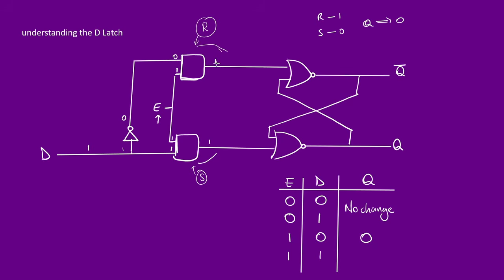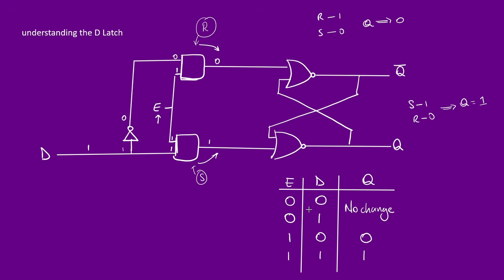So 0 and 1 is going to be 0. So 0 goes into the reset line and 1 goes into the set line. When you remember that set being 1 and reset being 0 means our output Q is going to be 1, so Q is 1. So this is everything you need to know about the D latch.